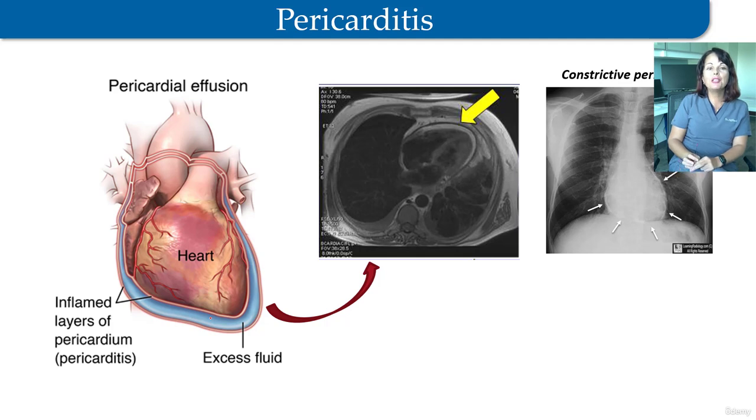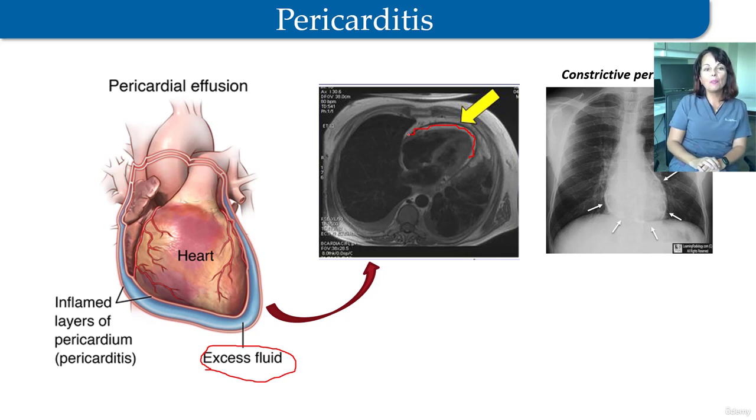Some inflammatory diseases produce pericardial effusion, passage of fluid from pericardial capillaries into the pericardial cavity, or an accumulation of pus. As a result, the heart becomes compressed, unable to expand and fill fully, and of course becomes ineffective.